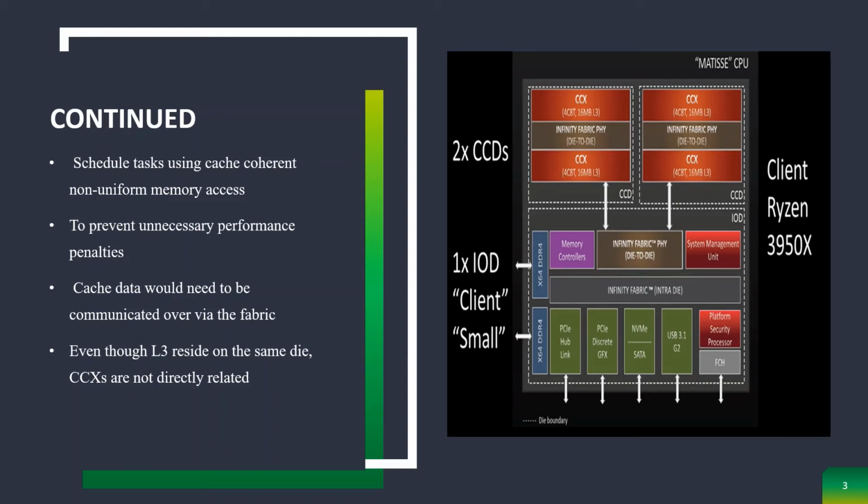Cache data would also need to be communicated via the fabric from one CCX to the next, which has additional overhead latency and lower bandwidth. So even though the L3 resides on the same die, the CCXs are not directly related, so the CCX must pass through the scalable data fabric on the input-output die for the request leaving.